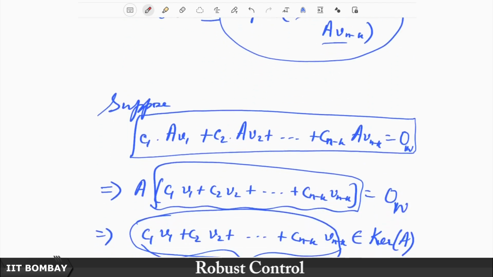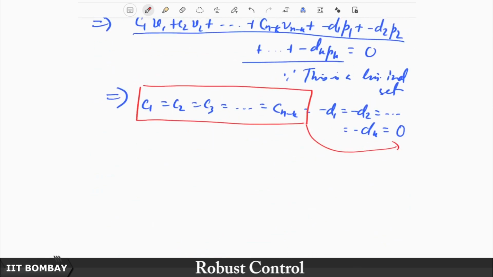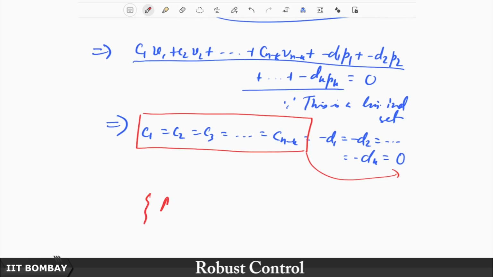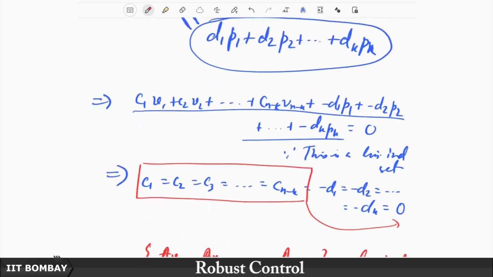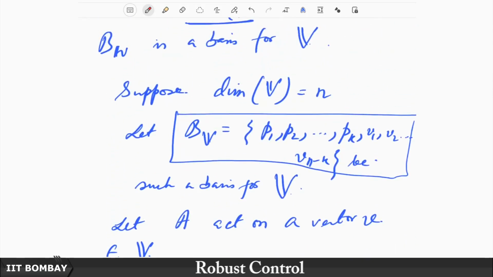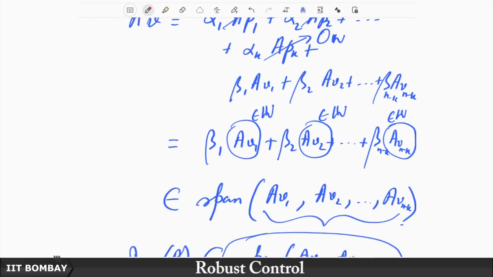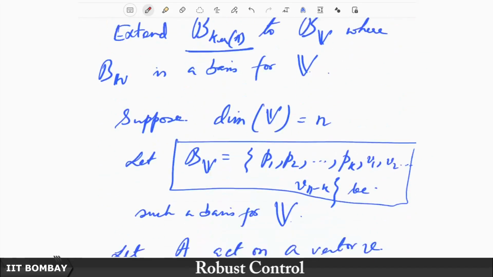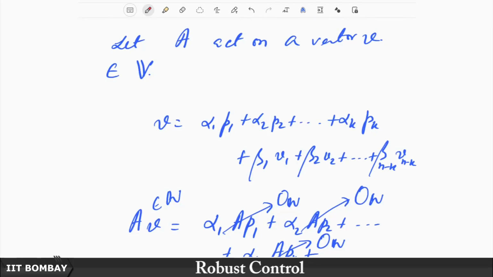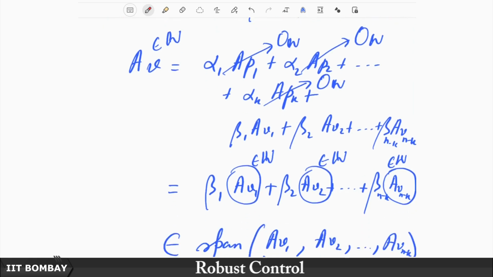Whenever I have a linear combination of these fellows equal to 0, I must also have all of these c's equal to 0, which means that the set Av1, Av2 dot dot dot till Av(n minus k) is linearly independent, and I have shown you that this set also spans or generates, as you might prefer to call it, the image of A. Because I have taken you through this, I have shown you that you take any vector in V and let the linear map act on this vector v, and eventually what you get in W can be expressed as a linear combination of at most these n minus k fellows.